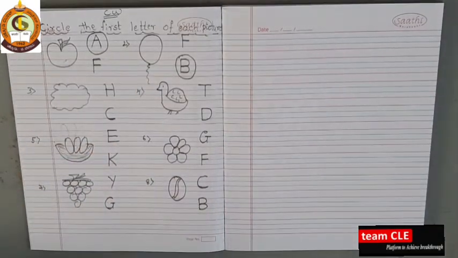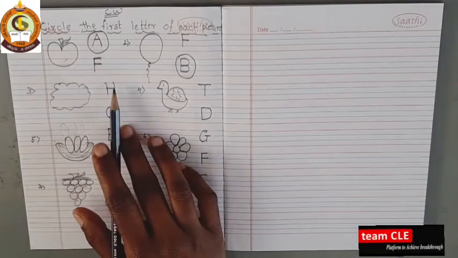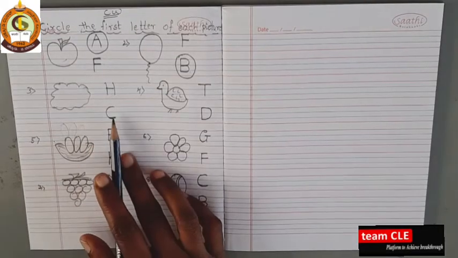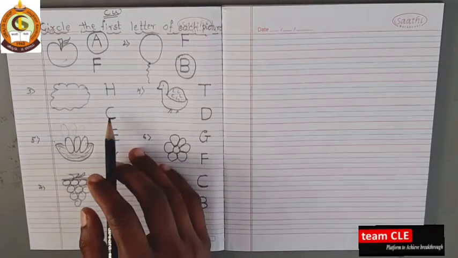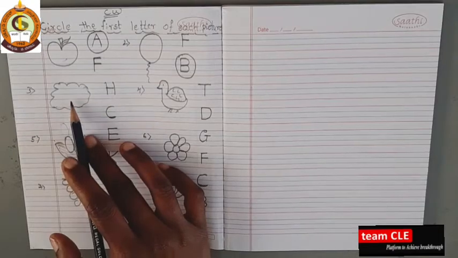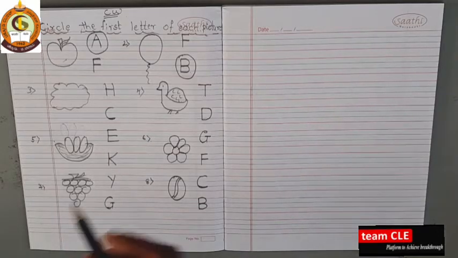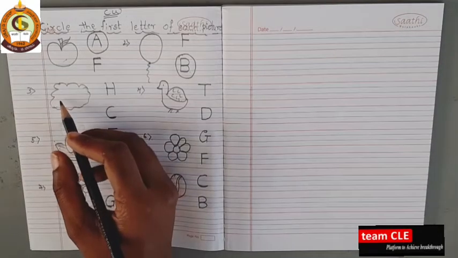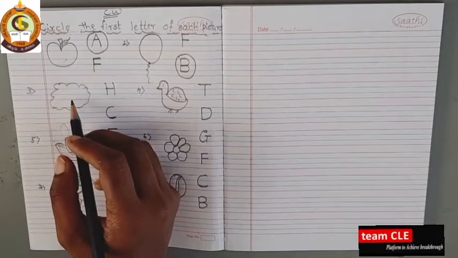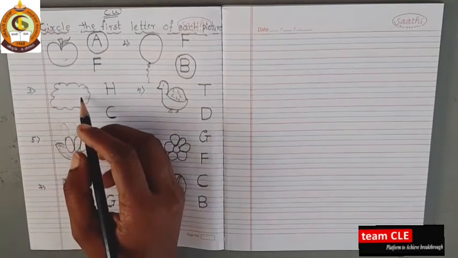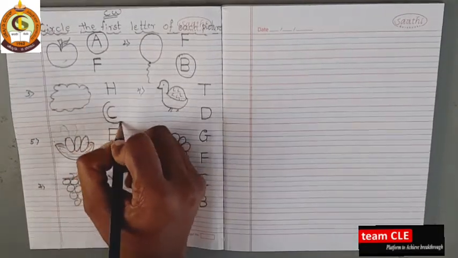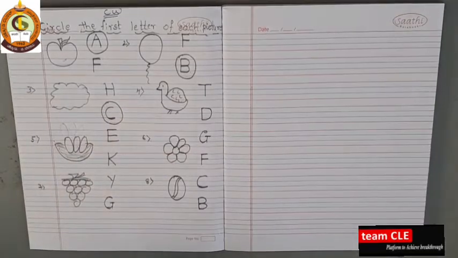Cloud. Letter H or C? C for cloud. You already learned this in previous English classes. H for cloud? No. C for cloud. So circle the C letter.